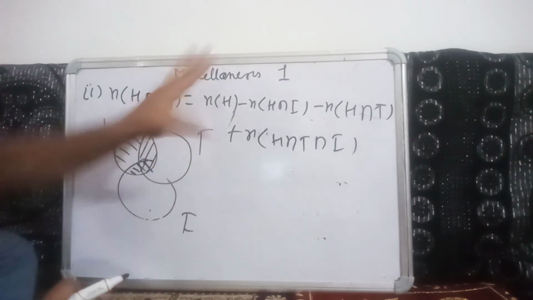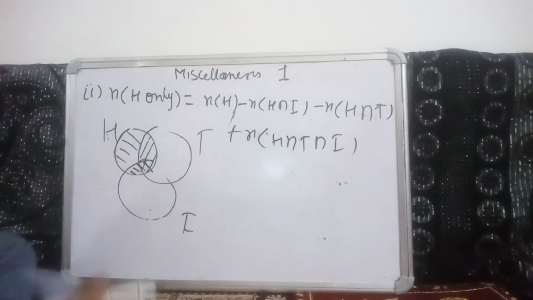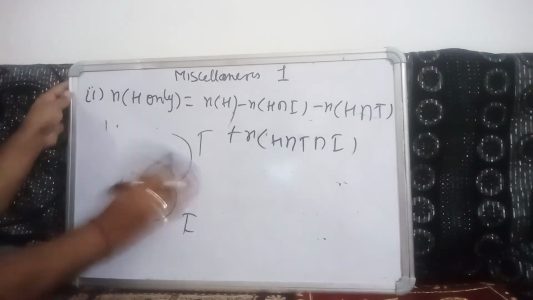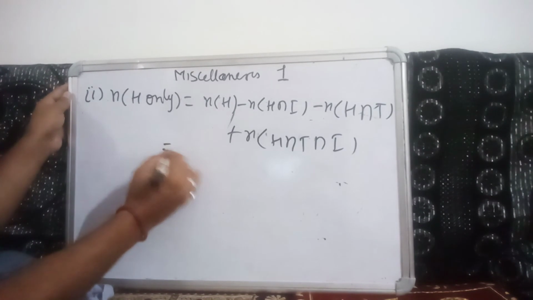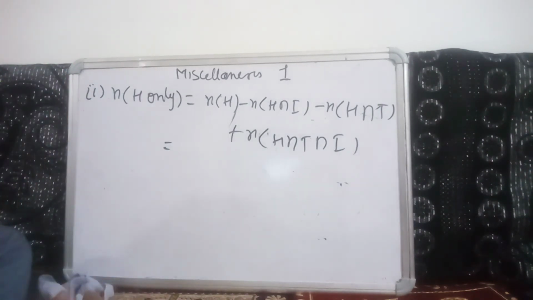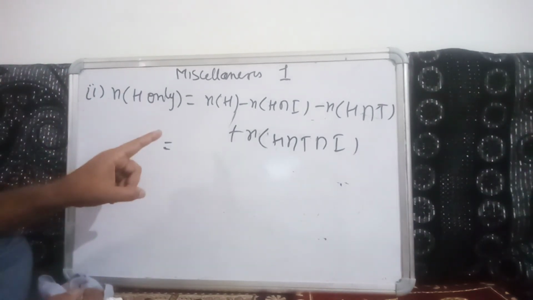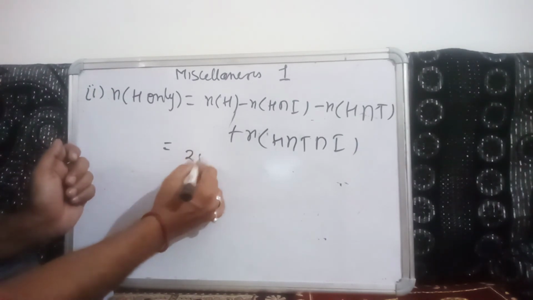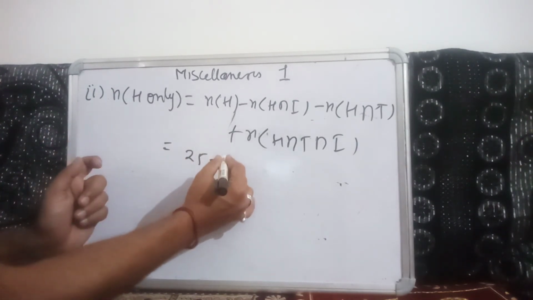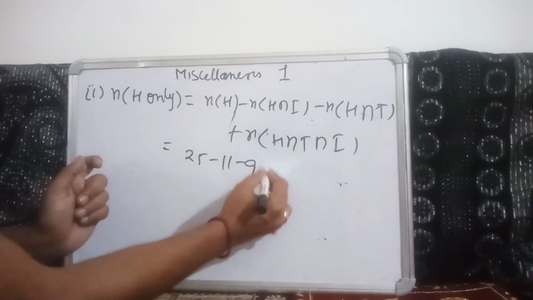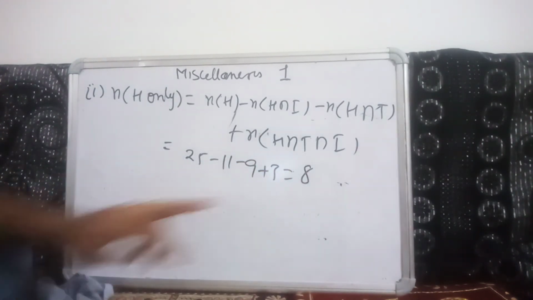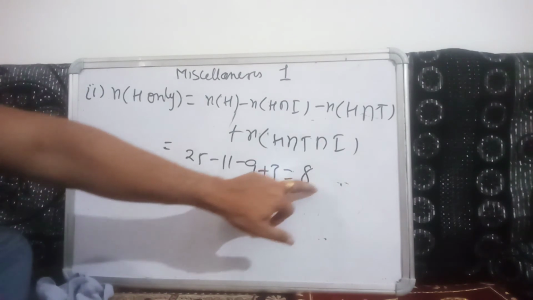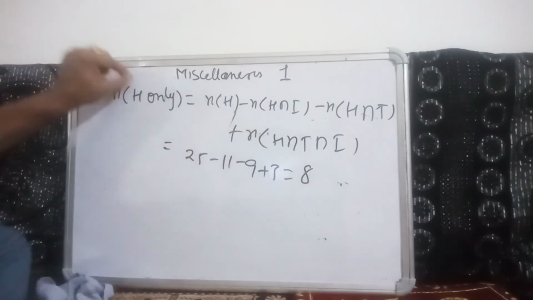So these are the number of people who read exactly the newspaper H, right? So I am writing these values. They are 25 minus 11 minus 9 plus 3. So these are 8. So 8 people read exactly H.